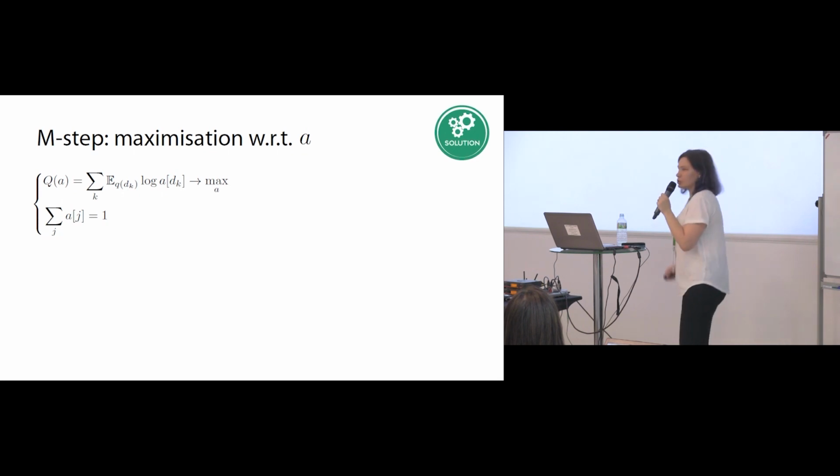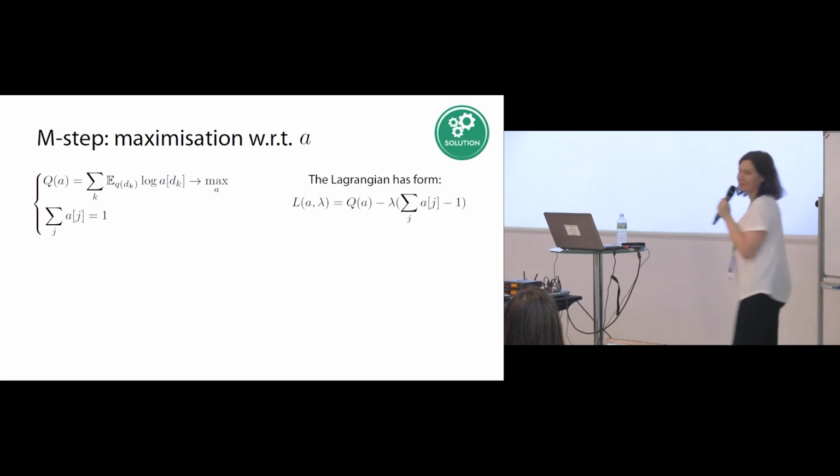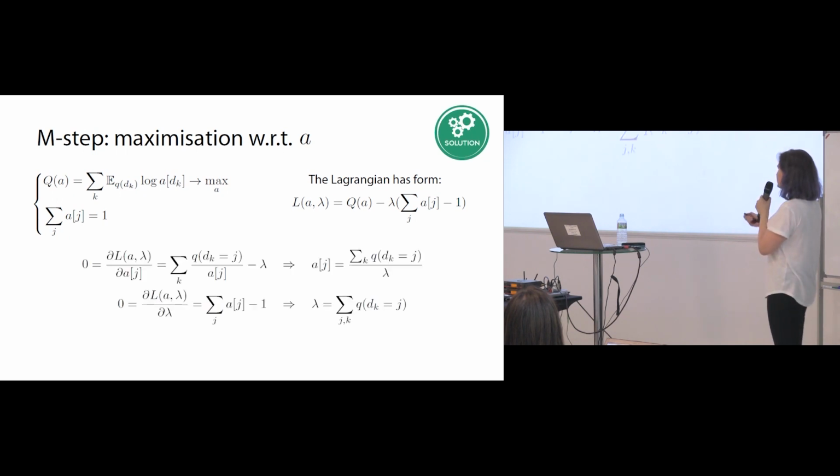What do we need to use to optimize the function with some additional condition? You should already know this from the first seminar. Lagrangian, yeah. The Lagrangian looks like this. It's very simple. Then we take a derivative of the Lagrangian with respect to A and with respect to our Lagrange multiplier lambda and make them equal to 0. Is it clear?